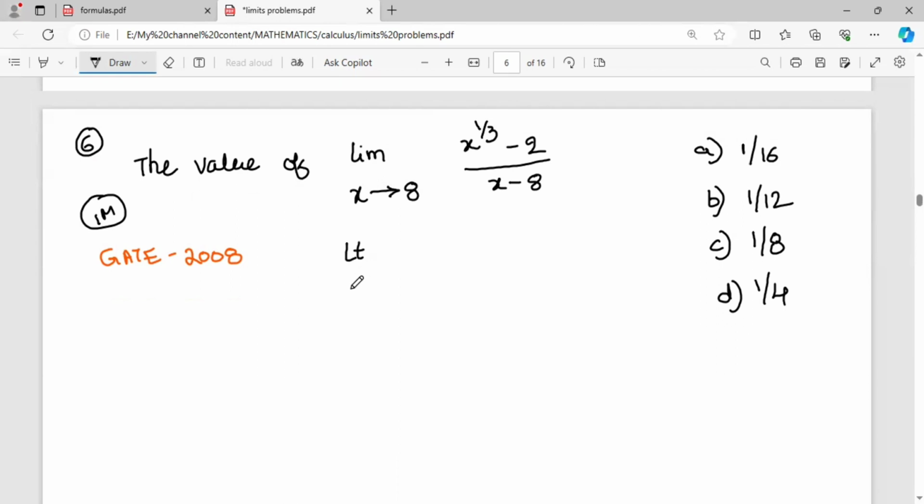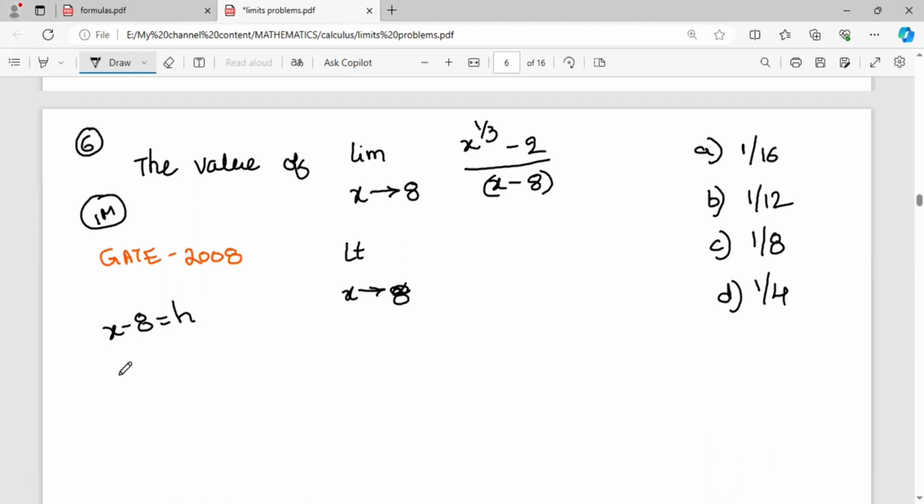Limit x tends to infinity, (x^(1/3) - 2)/(x - 8). It is in this form: assume x - 8 equals h. For this type of problem, x - 8 can be assumed as h, or any notation.